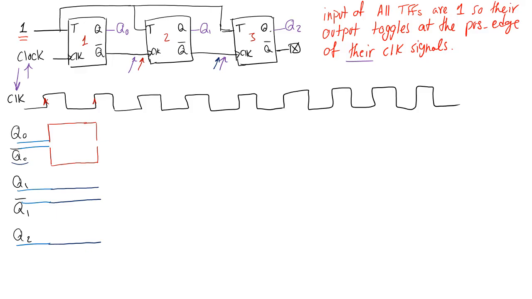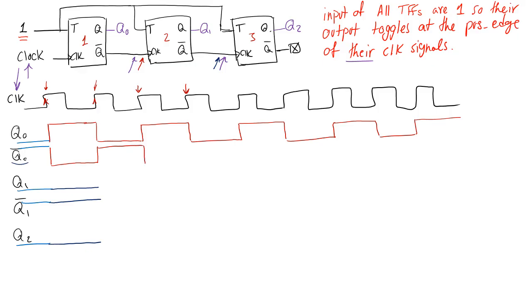At the positive edge of the clock, here, here, here, here, we can see the pattern that at every positive edge of the clock, Q0 is toggling. So let's just actually draw that until the end. So nothing here is going to change. And knowing that Q0 bar is just always the complement or the not of Q0, I can draw that as well.